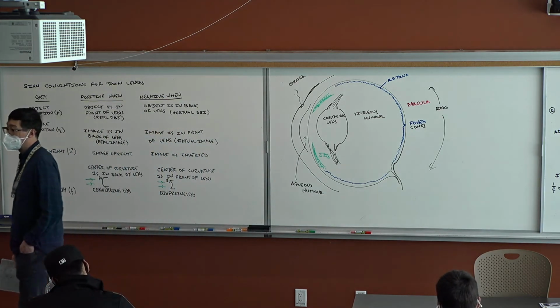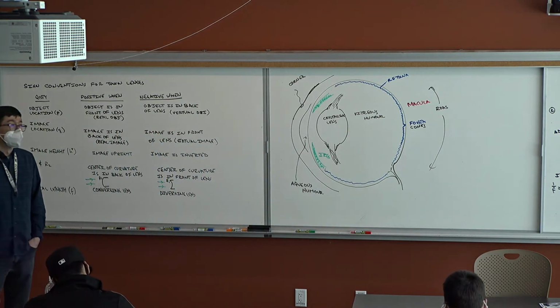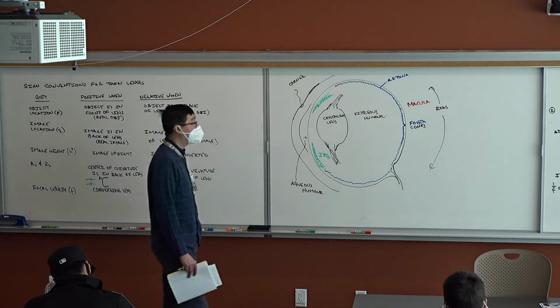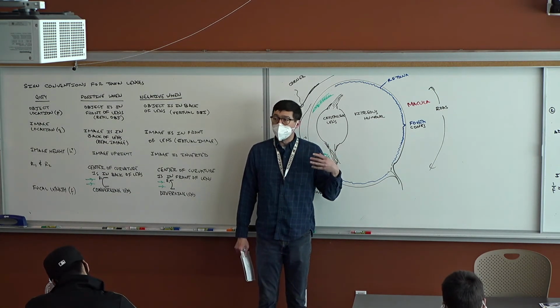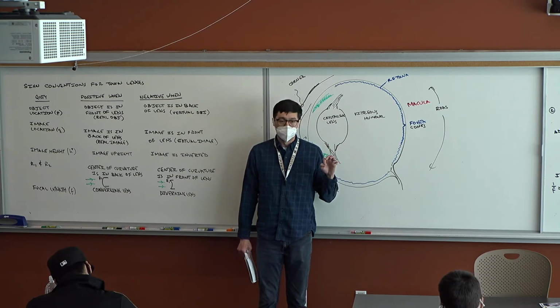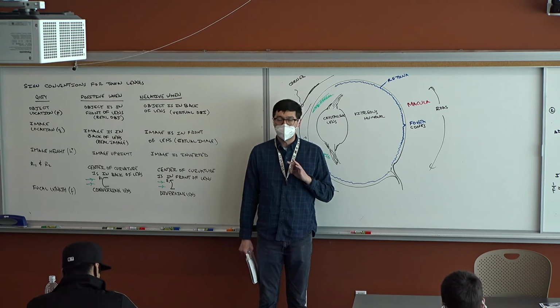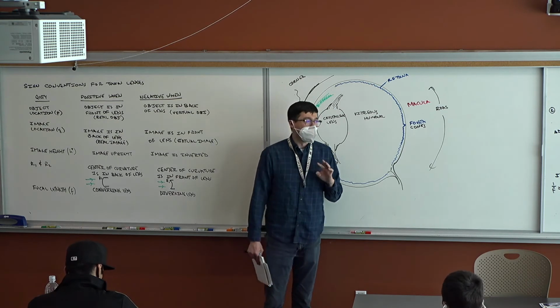So the rods just detect the presence of light. The cones are differentiated so that you can actually distinguish color. Yeah? Is that okay?